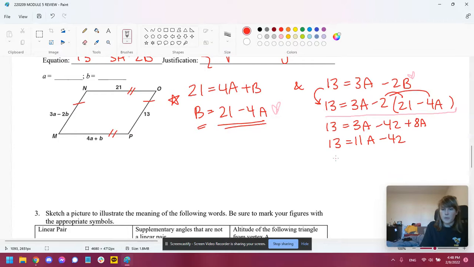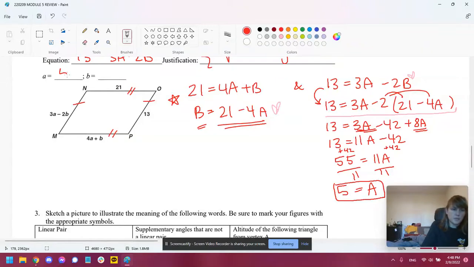Then I'll add 42 to both sides. So I did plus 42 plus 42. Here I just added these ones together. And now I'm going to divide both sides by 11 and get that a equals 5.